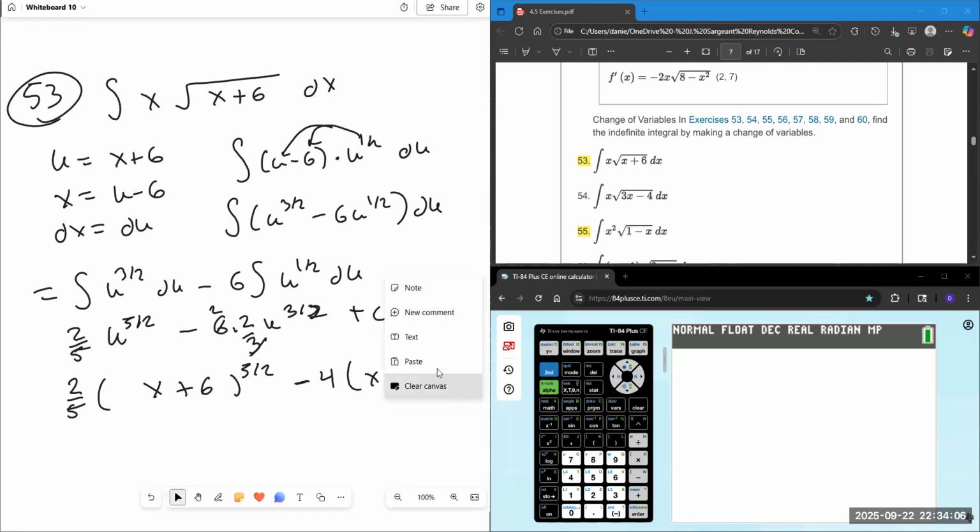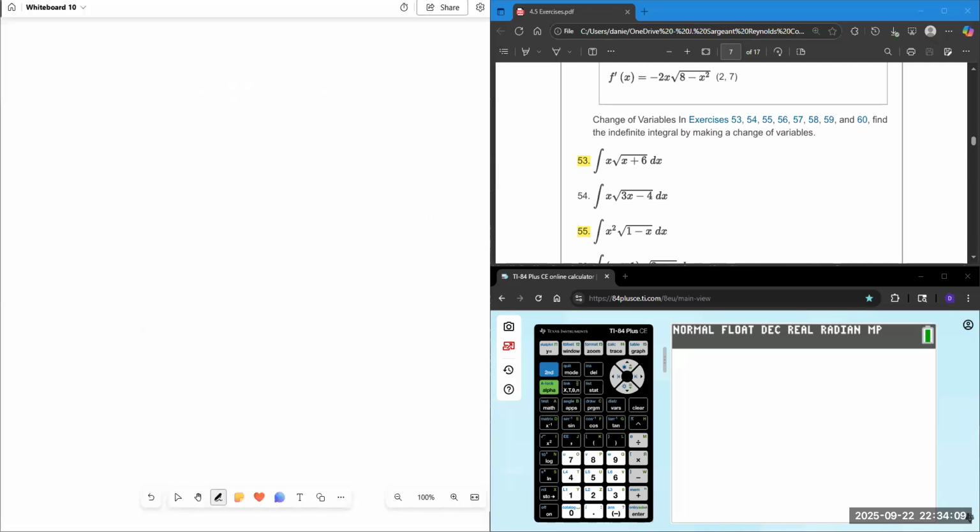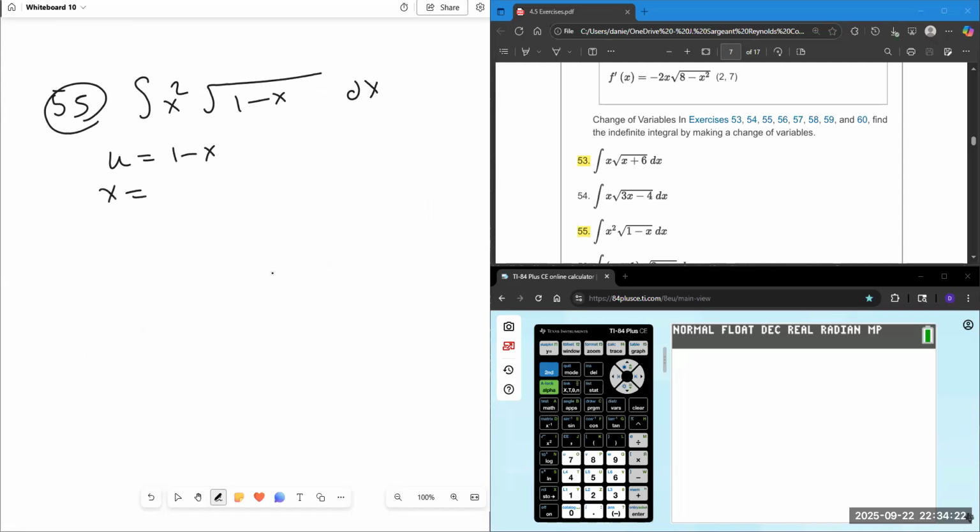Let's look at 55 now. So my u is my inner function of 1 minus x. I'm going to solve that: x is equal to 1 minus u. dx is equal to a negative du. So we have the integral of x squared times u to the 1/2 times a negative du when I substitute dx here.